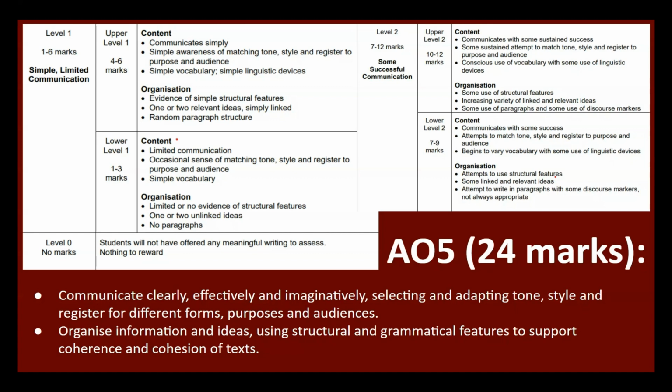We also need to be able to organize our ideas. You get big marks for that, big marks. Organizing information and ideas, and using structural and grammatical features to support this as well. So that basically means that you're not just describing one thing and then describing another thing and then going back to the other thing.